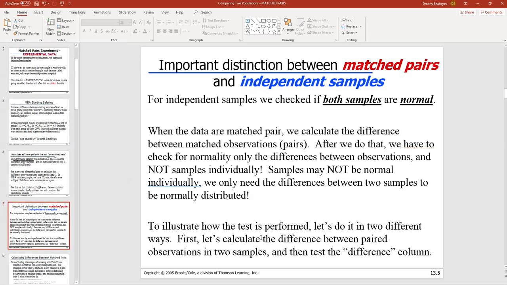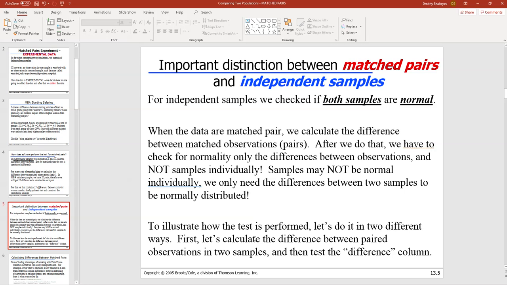Now, here is the important distinction between the independent samples t-test and the matched pairs t-test. If you remember from our previous lecture, when we performed the t-test for independent samples, we had to test each one of our samples individually for normality, right? We made sure that sample 1 is normal and sample 2 is also normal. Only then could we proceed and perform the independent samples t-test.